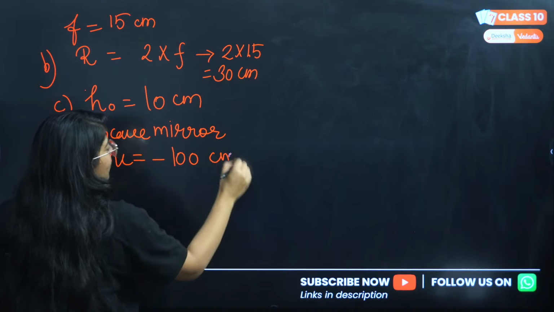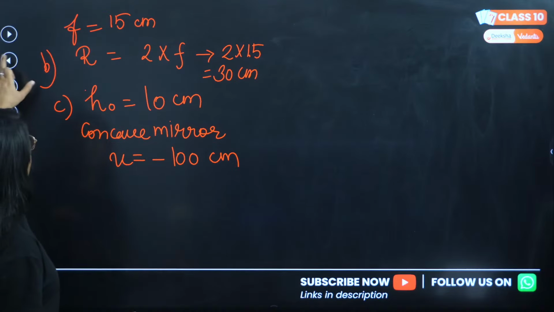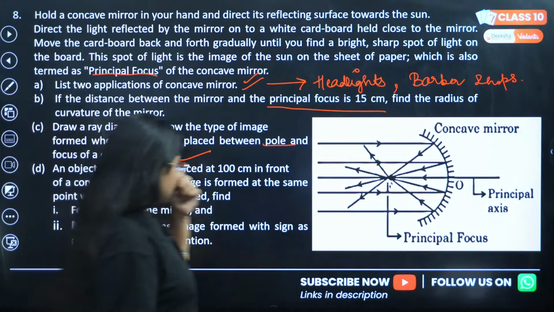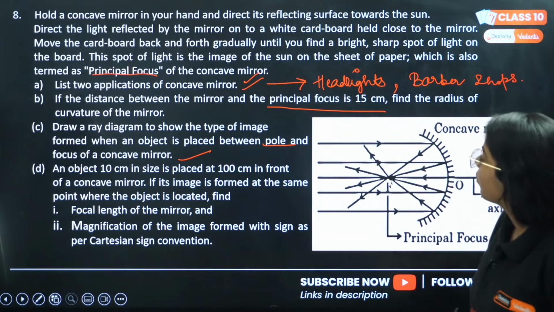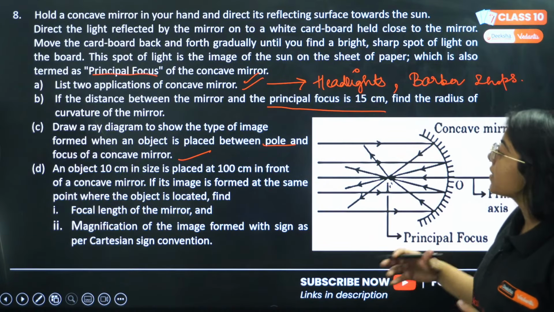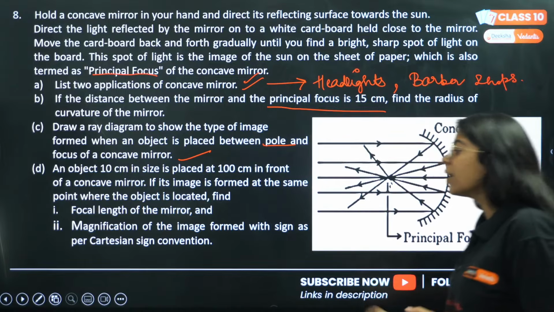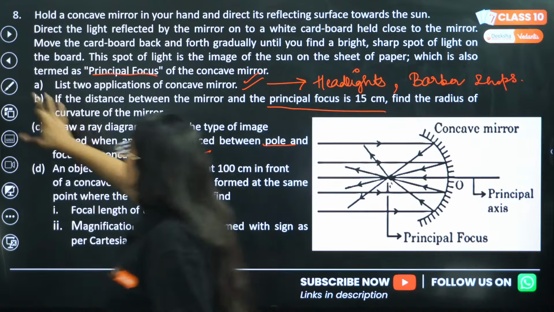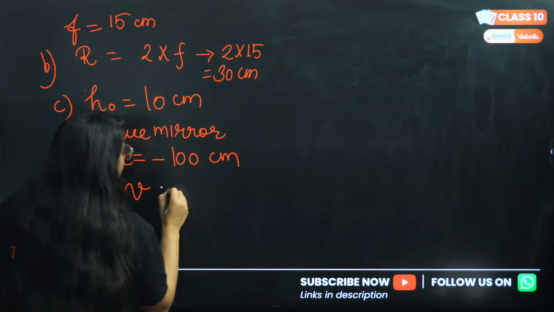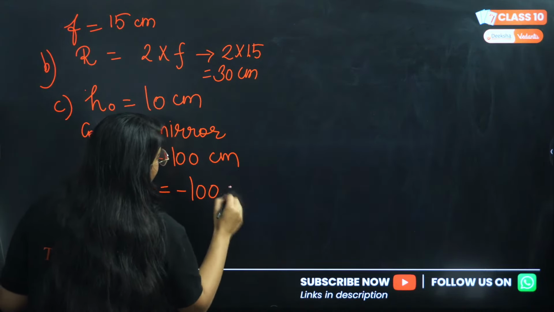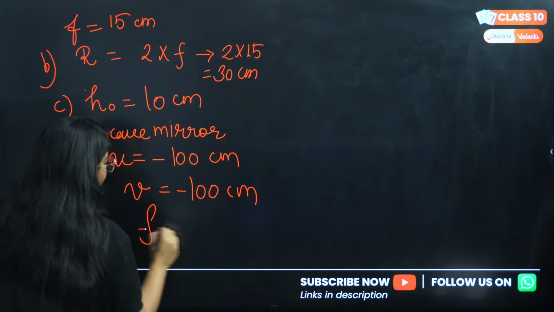So object is always negative. So can I write minus 100 centimeter? Then what it says, if the image is formed at the same point where the object is located, find the focal length of the mirror. They are saying if my image is also at minus 100 centimeter, then what will be the focal length?